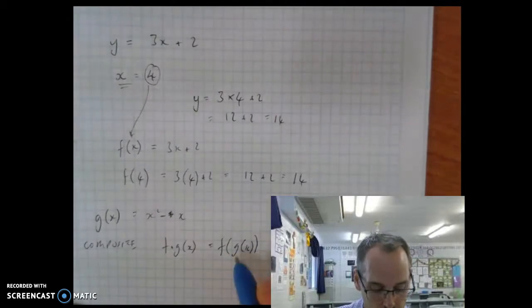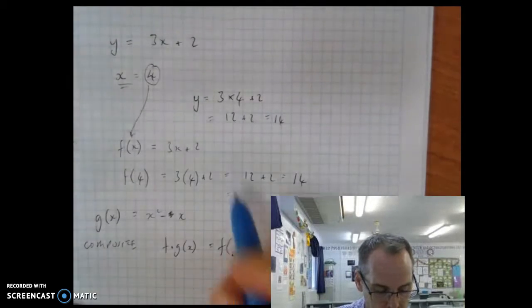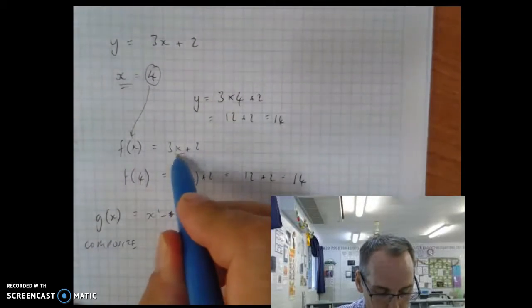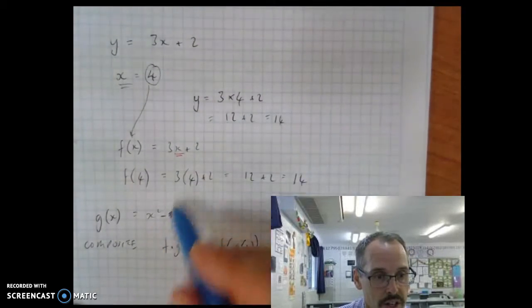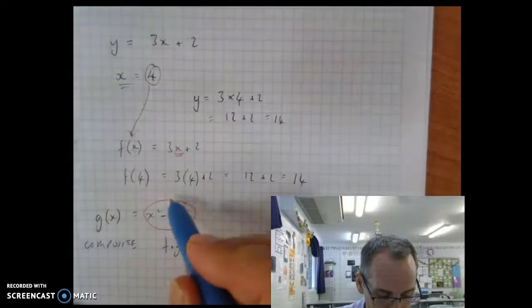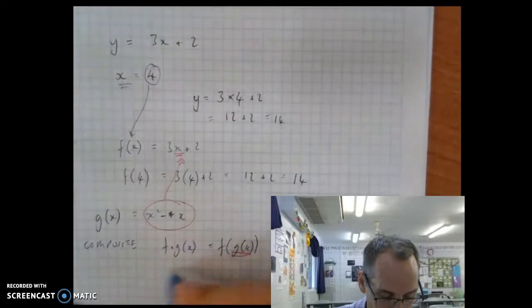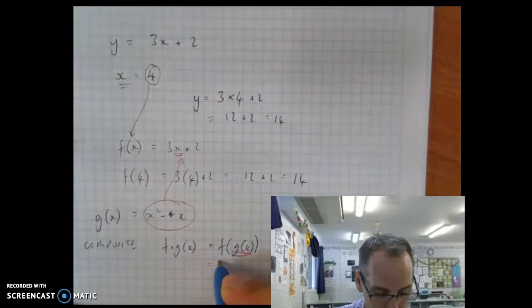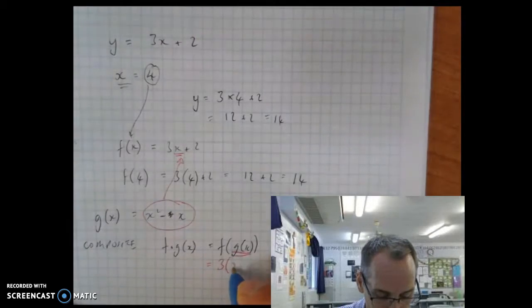So therefore, the x in the original equation is replaced with g(x). And therefore that would look like 3 bracket x squared minus x, close brackets, plus 2.